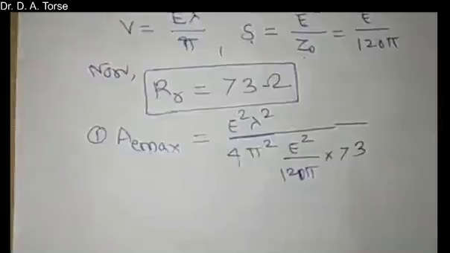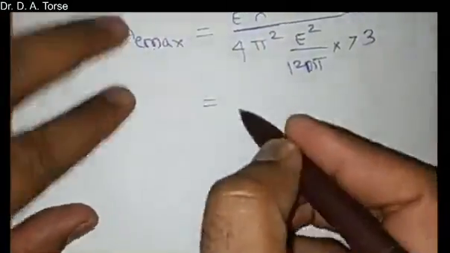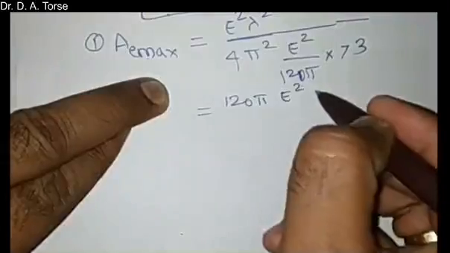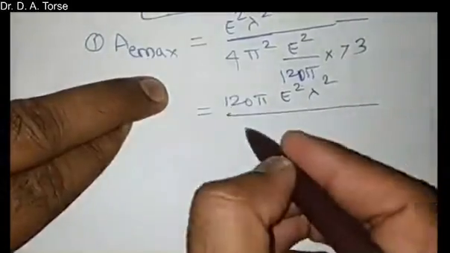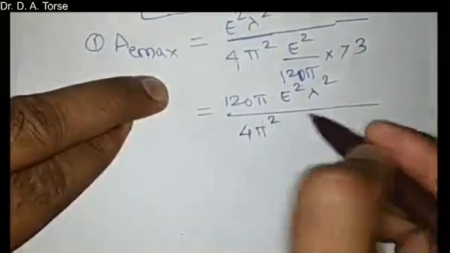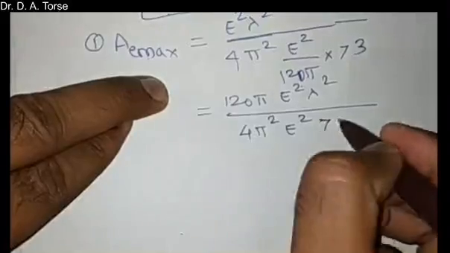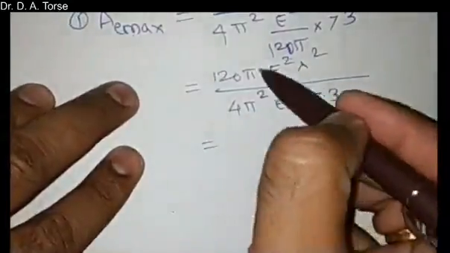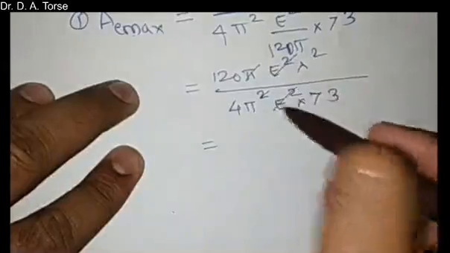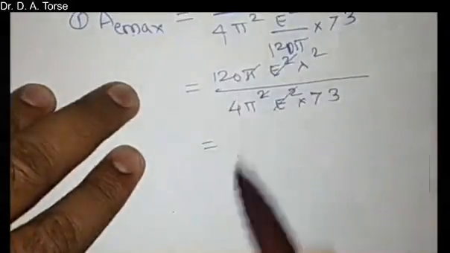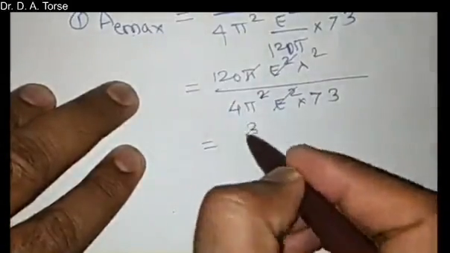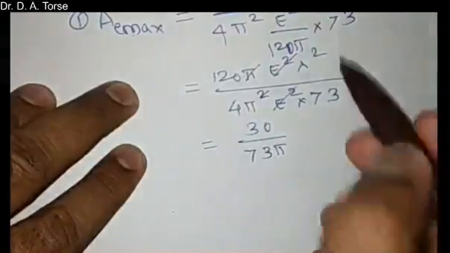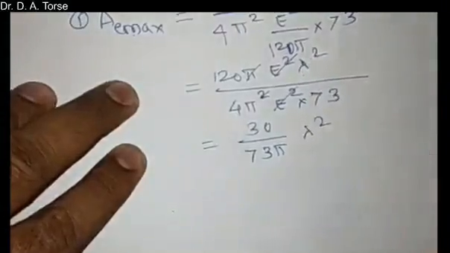So if we simplify this equation, we get 120 pi in the numerator, E square lambda square divided by 4 pi square E square into 73. If we cancel some of the terms, pi, E square, and 120 divided by 4, we get 30 divided by 73 pi into lambda square.